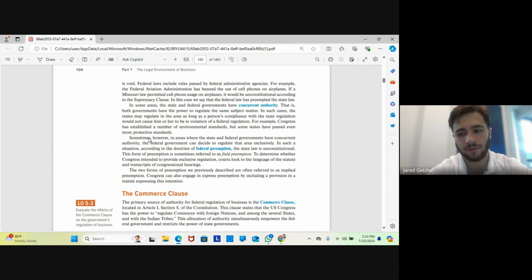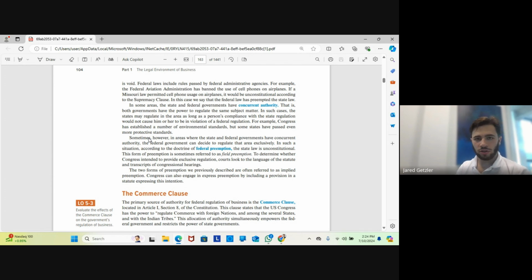And then we also have concurrent authority. All this is, the government has the power to regulate the same subject matter. So let's say, for example, the government establishes certain environmental standards for a warehouse or an oil and gas company in California. The oil and gas company has to meet this certain criteria in order to be within our environmental laws.